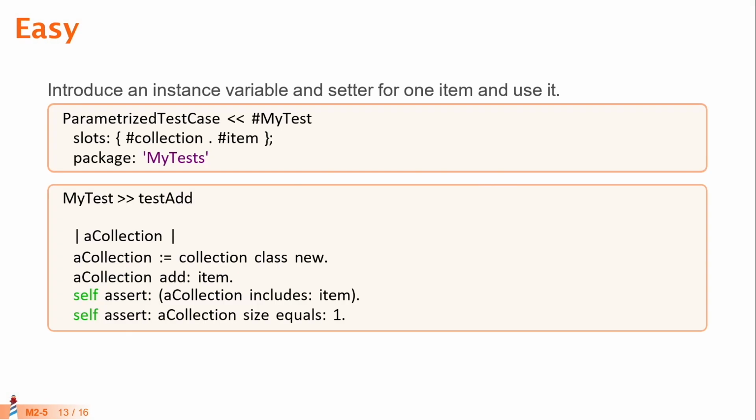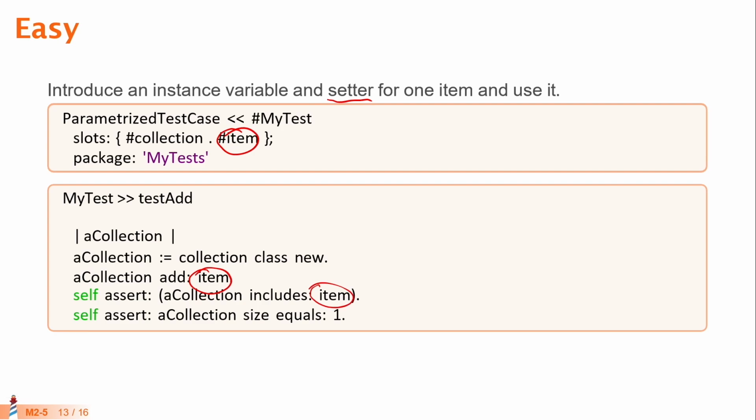So let's do exactly the same. Now we are going to keep the item as an instance variable, and we are going to create a setter for it. And we are going to use this instance variable in the test instead of the constant value as we had before.